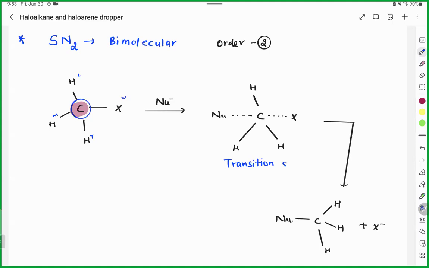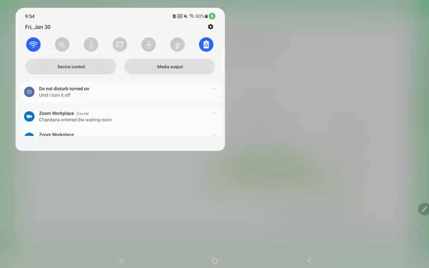This is a transition state, not an intermediate stage. So I will write: no intermediate formed. Intermediate means it lasts for a longer time. Transition is a very short time, so it's just a time gap.